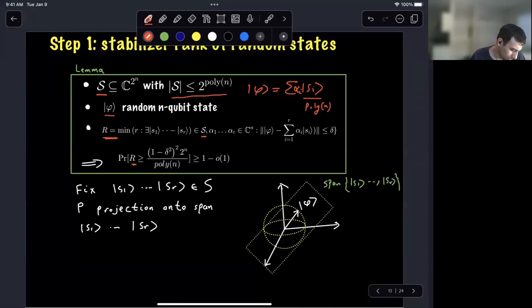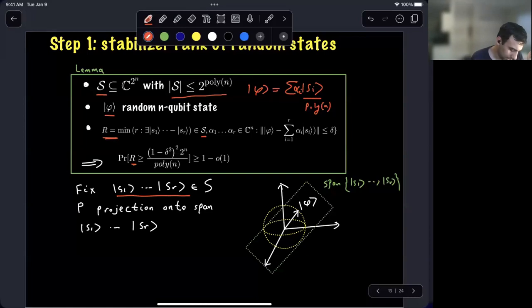To have some formal proof why this result is true, we fix some elements of this subset S, for example, S1 to SR. And these S1 to SR define a subspace of your whole space. The subspace is spanned by these vectors, and this is at most an R-dimensional subspace.